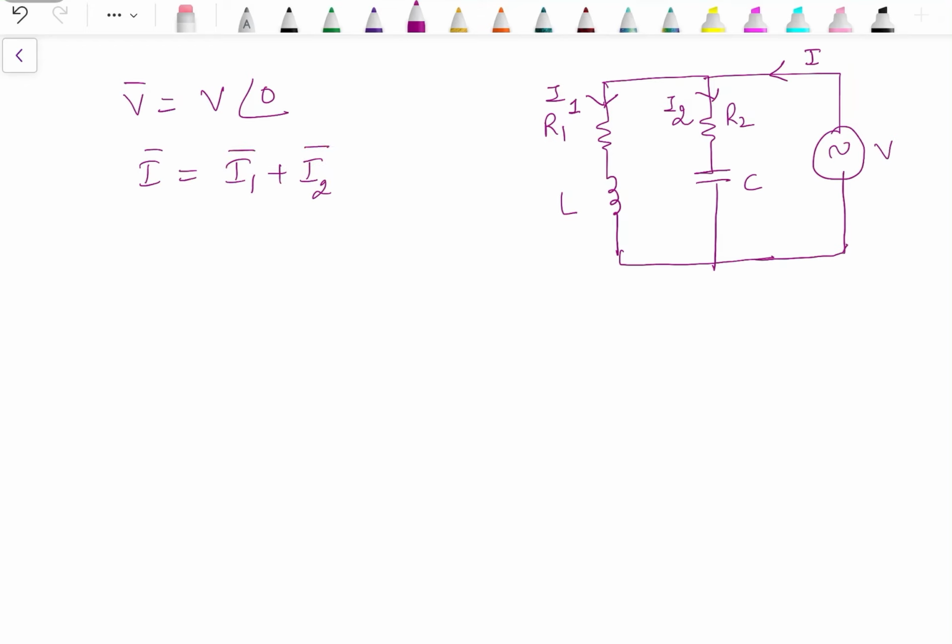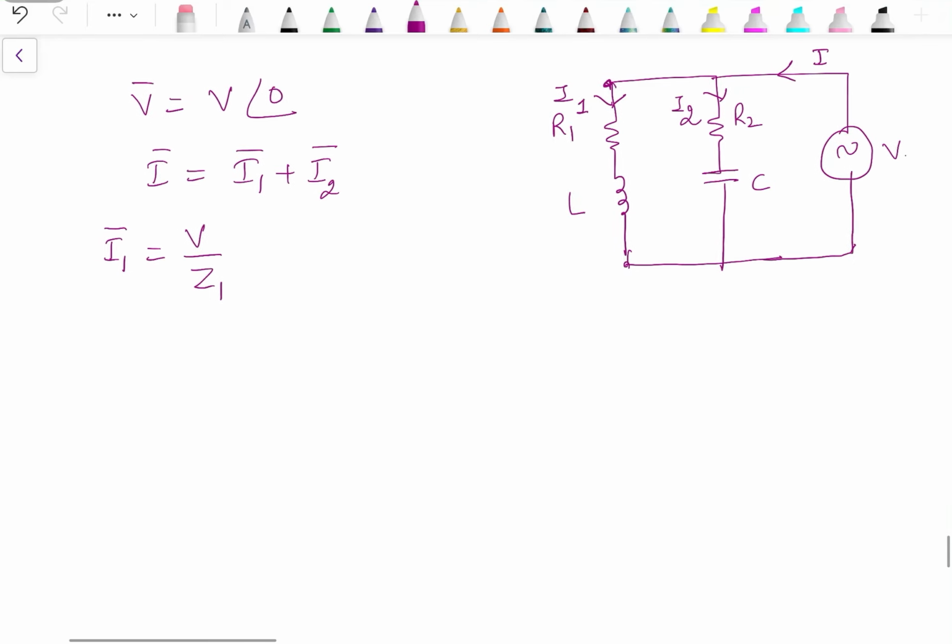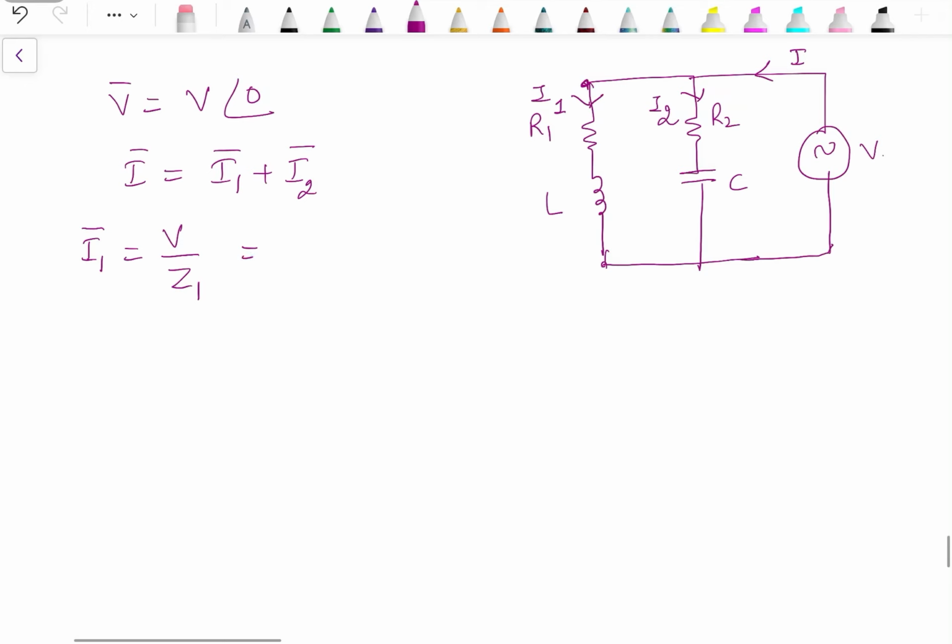Now if we want to find out the value of I1, I1 will be voltage V upon impedance of the first branch. It will be V upon Z1. And what is Z1? Z1 is R1 plus jXL. I2 is V upon Z2.